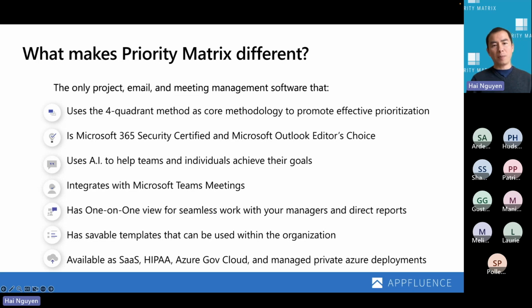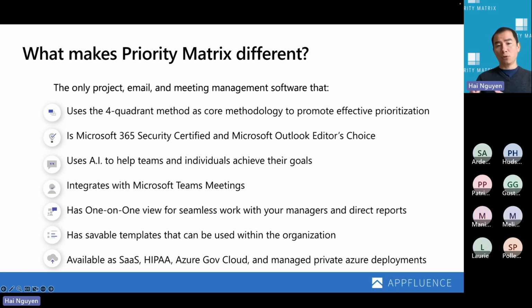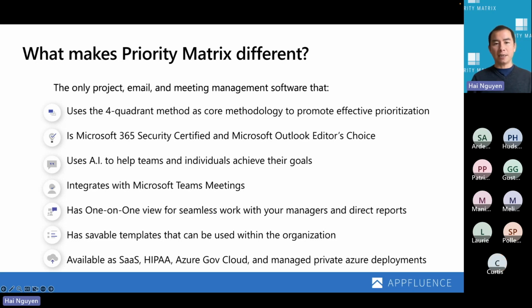The second is Party Matrix is the only solution out there that is Microsoft 365 security certified across our web app and Microsoft Teams app. So if you're in IT, this is something that you can use to make sure that you can easily approve Party Matrix for your organization. And if you're not in IT, that's something you can share with your IT organization to help get Party Matrix approved for you as well as other team members.